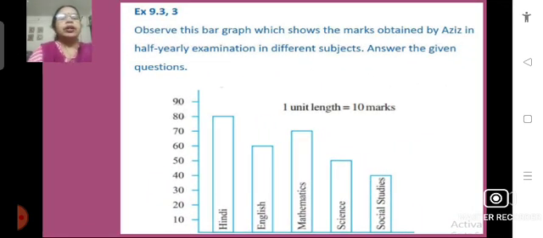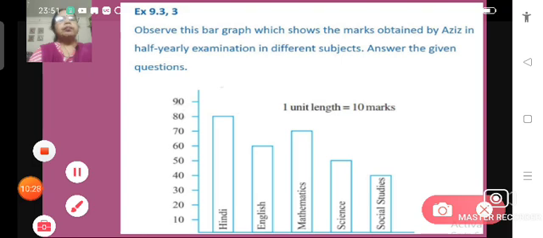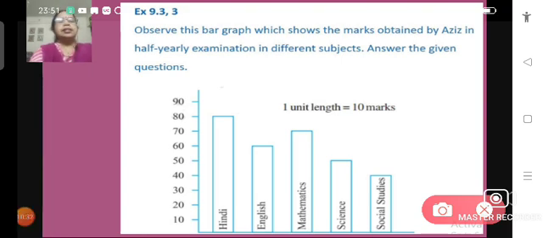Now we have question number 3. Observe this bar graph which shows the marks obtained by Aziz in the half yearly examination in different subjects. Answer the given questions. So here the marks obtained by Aziz are given along the y axis and the subjects along the x axis.